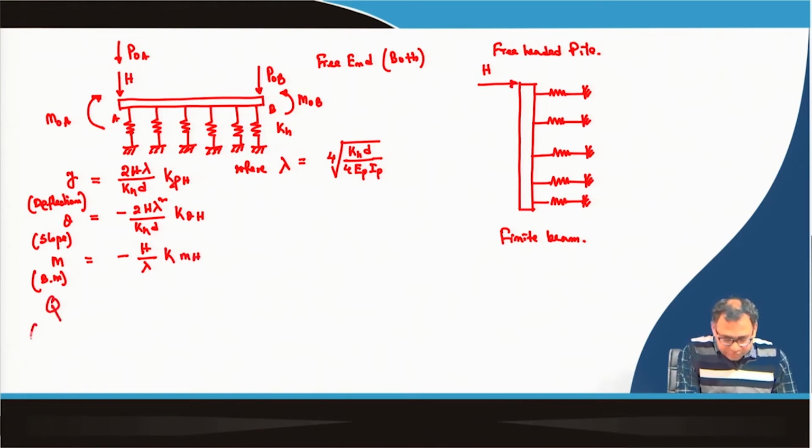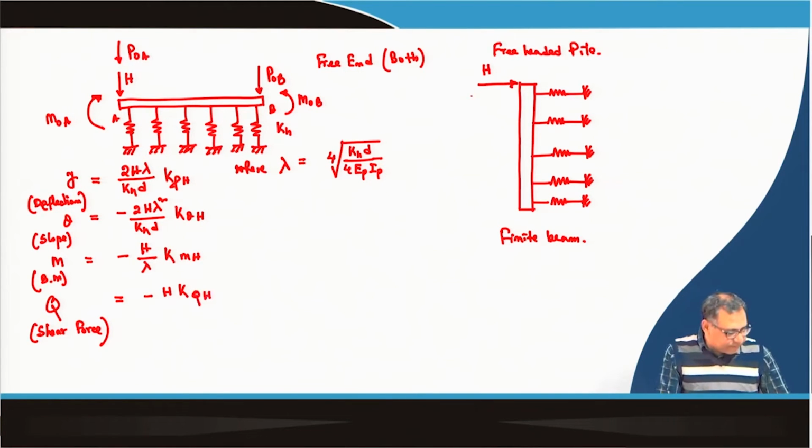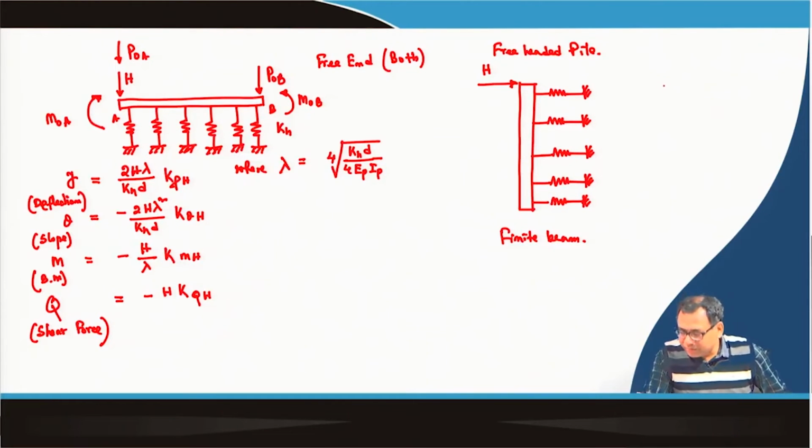Similarly, the shear force will be equal to minus k minus h k q h. So, this is for the moment. Now, I can develop a similar expression for another case if a bending moment is applied.